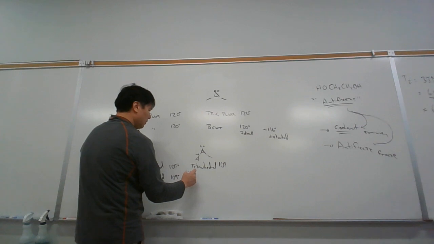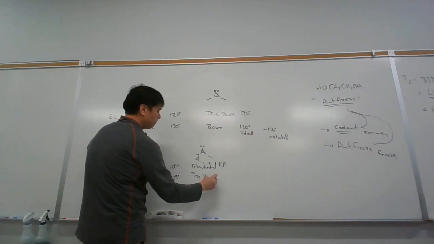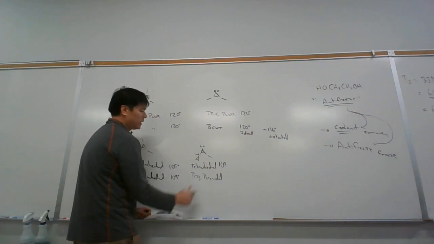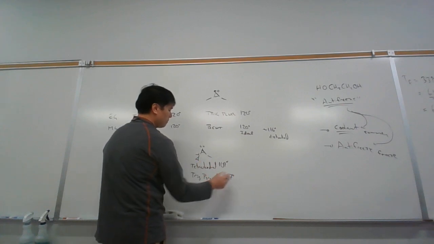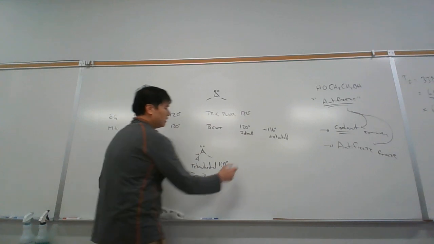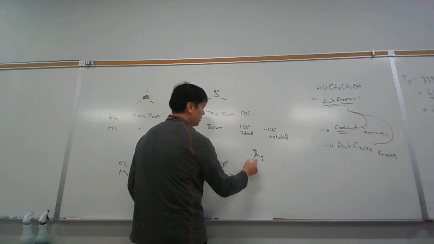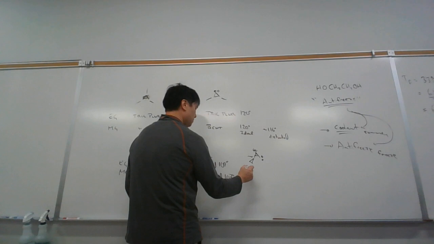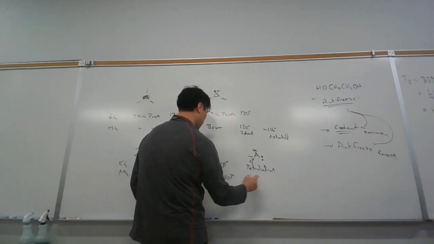But when we look at the molecular geometry, trigonal pyramidal, we don't necessarily expect a 109 angle here. We expect about a 107 angle. And then if we have two lone pairs, maybe I'll put those lone pairs, then we'd expect a bend at 105 degrees.